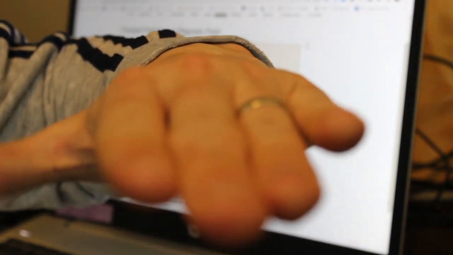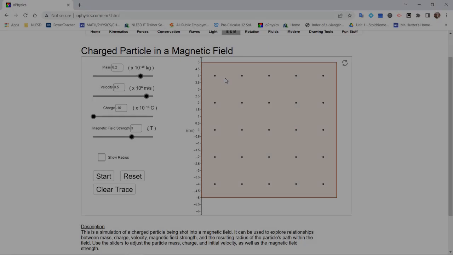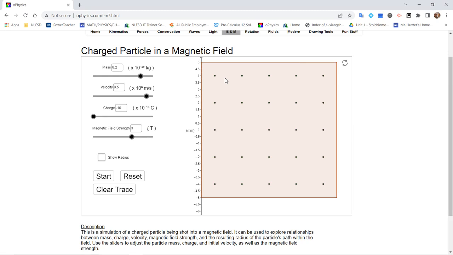For example, my particle is going to be moving to my right. So if I flip my hand over, my field is still coming out of the page, and my thumb is pointed to the right of my screen. So I'm expecting that particle to go in the direction of my palm. My palm is facing straight up, so I expect that particle to go straight up.